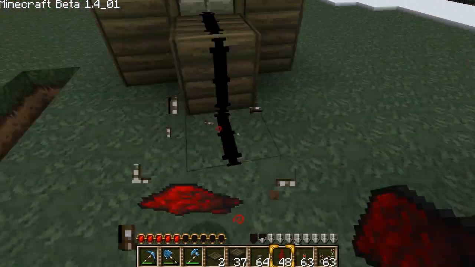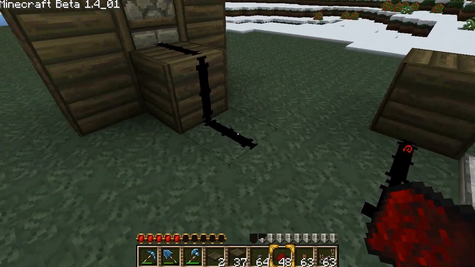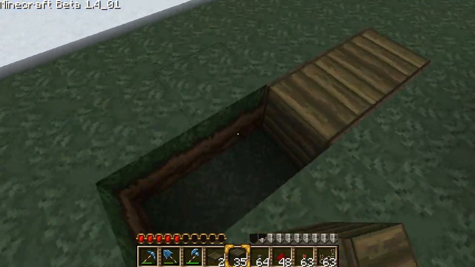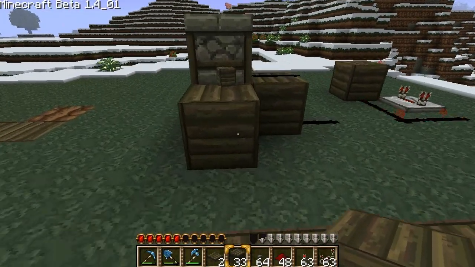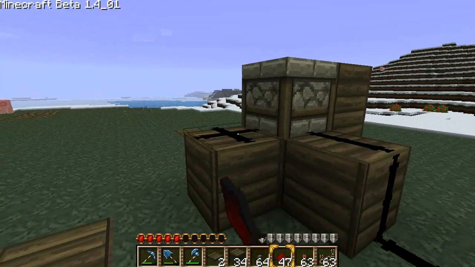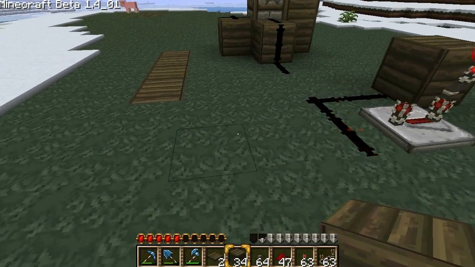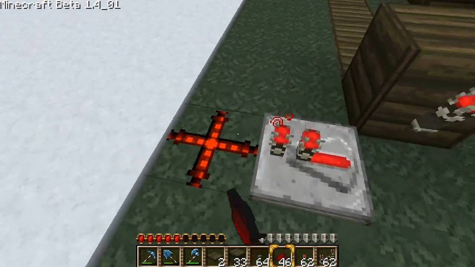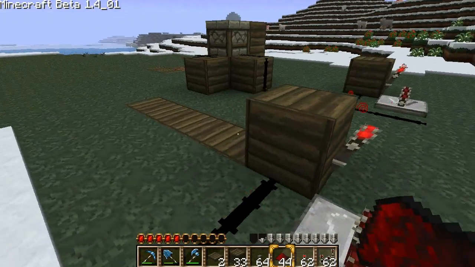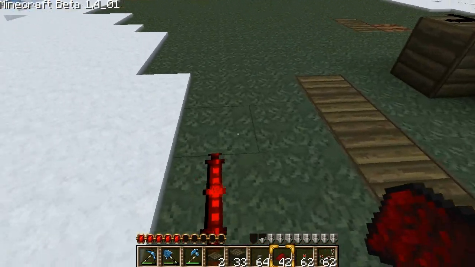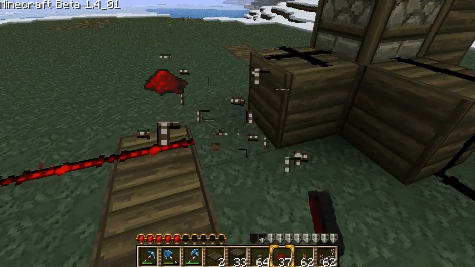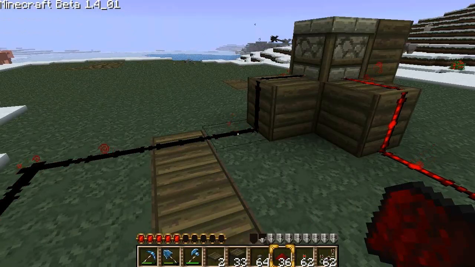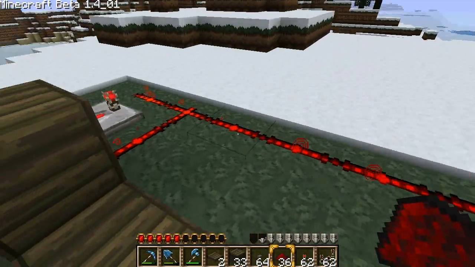I'll shut this up. There is another way you can do this, and essentially it can make a very rapidly firing dispenser. I haven't used this myself, but it's doable, and if you want to kill someone extremely quickly, then you can make this, which, if you make another clock and attach that to the repeater, and now if you attach them both, it will make it fire quickly.